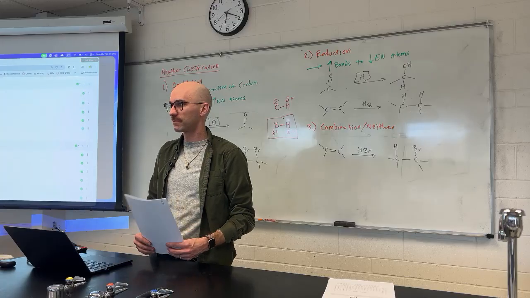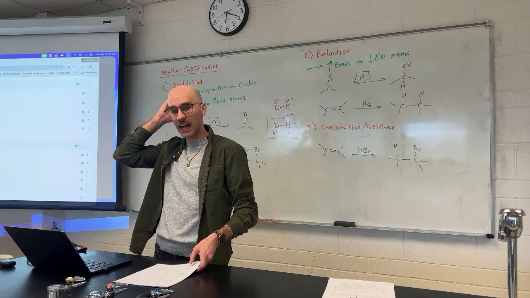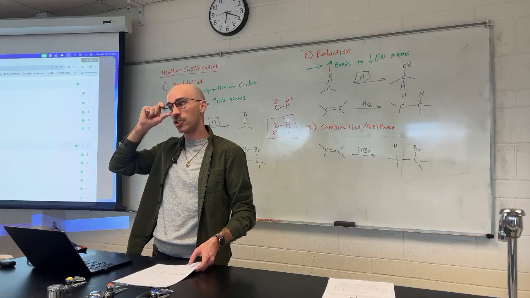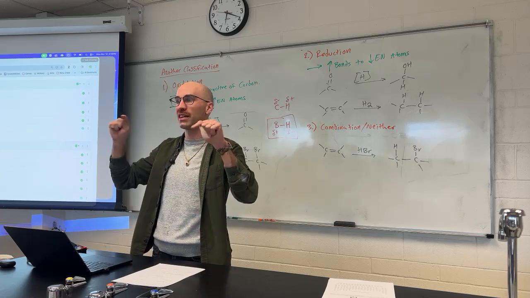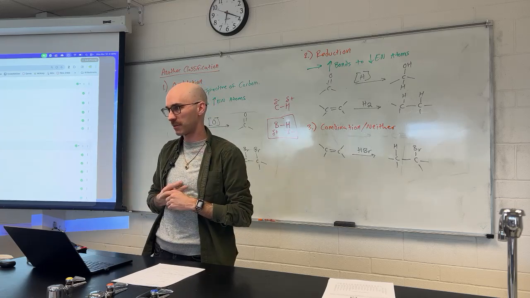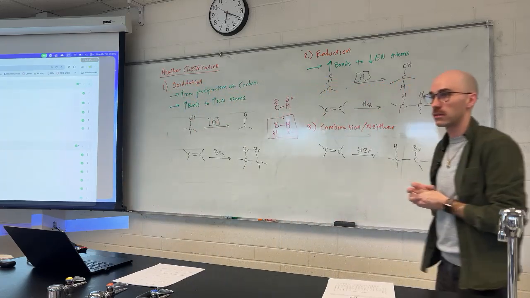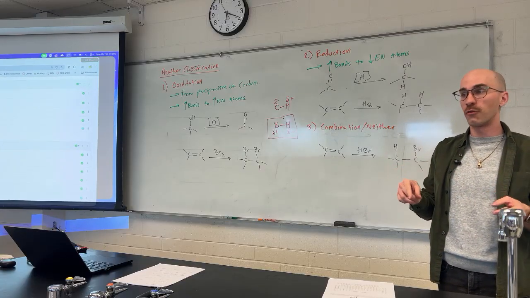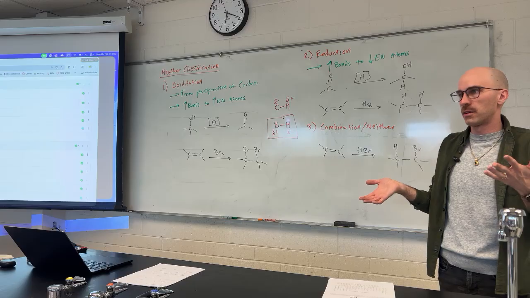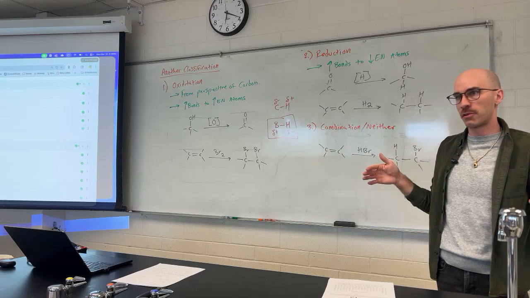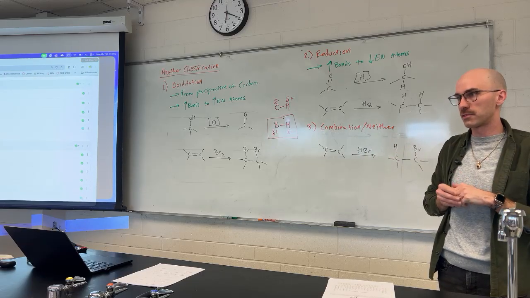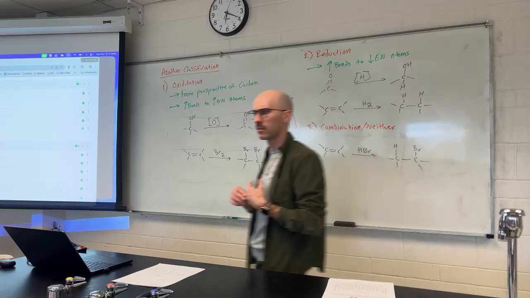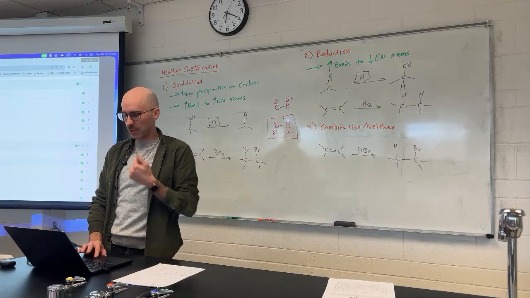Oxidation would mean that I have increased bonds to more electronegative atoms. So I removed a more electronegative atom and substituted it for another more electronegative atom, which means that I have not changed the number of bonds to electronegative atoms. Does that seem fair? So that was neither.